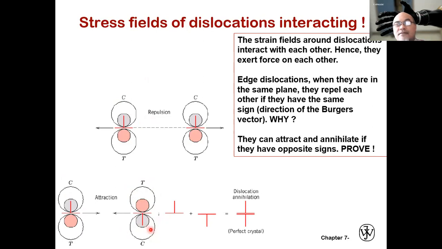So the lower half is in compression, the upper half is in tension. They will attract each other. They can get closer to each other, and eventually the dislocations will annihilate to form a perfect crystal. So when the dislocations have opposite sign, they can attract and annihilate.